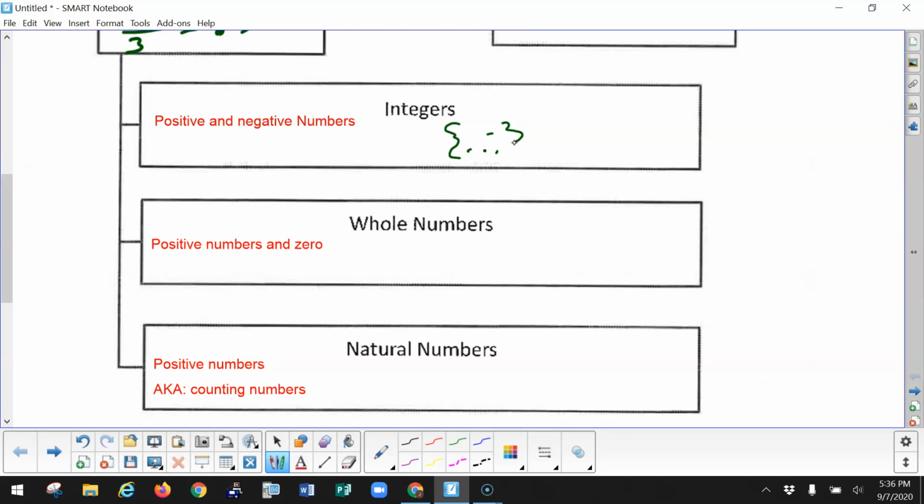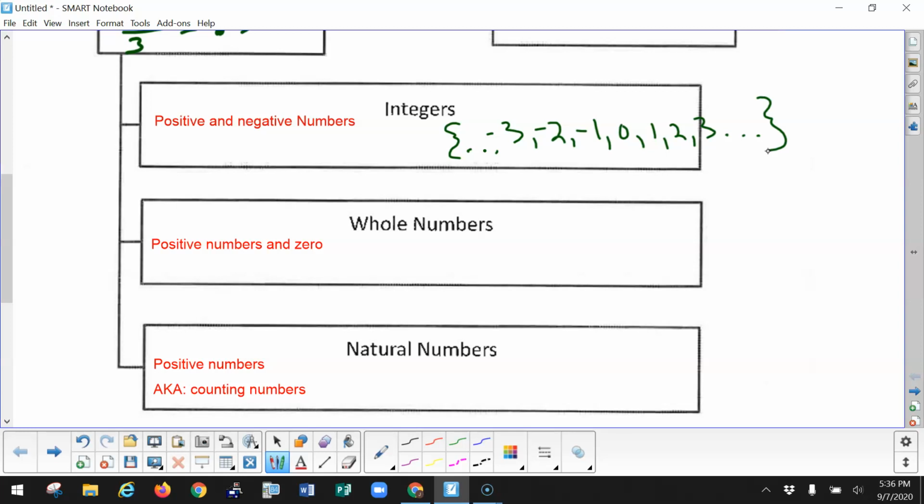So forever and ever, and then -3, -2, -1, 0, 1, 2, 3, and so on, all the way up to positive infinity. What I just wrote is set notation. It's the set of numbers, and we indicate a set by using these curly brackets here. It's the set of numbers that goes from negative infinity all the way up to positive infinity, but it does not include things like 1/2 or 1/3 or any fractions.